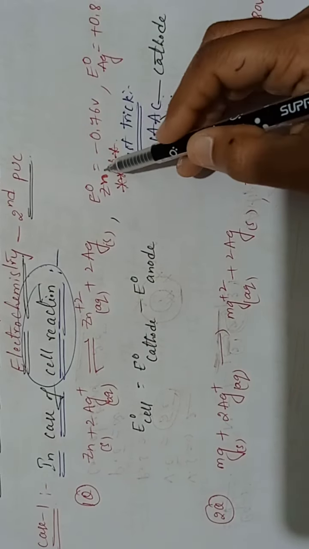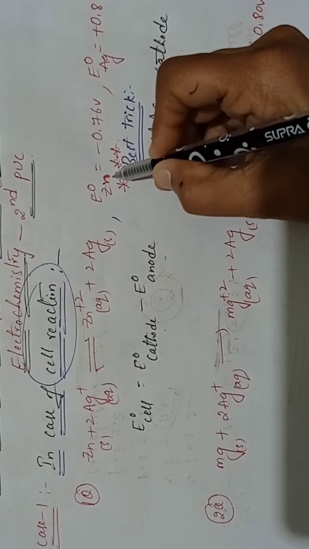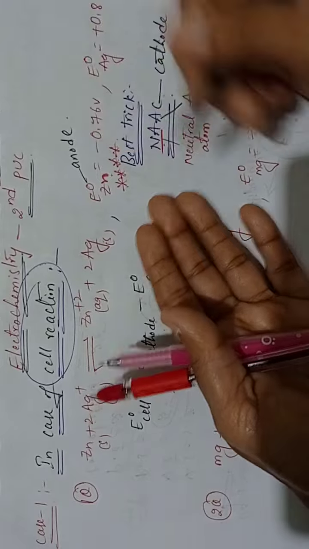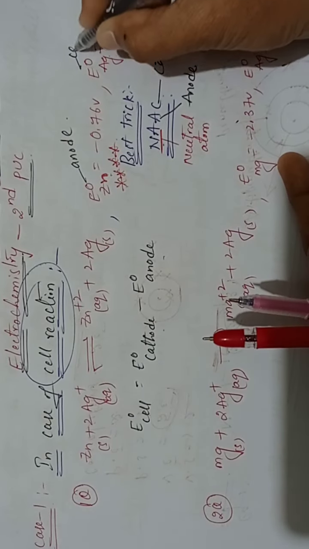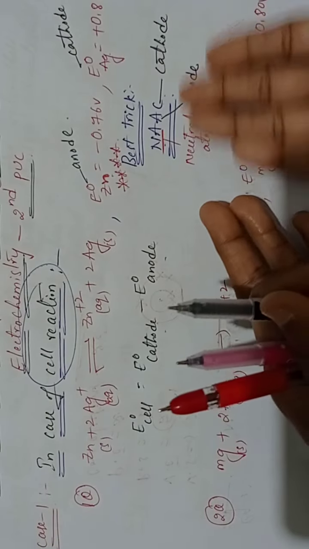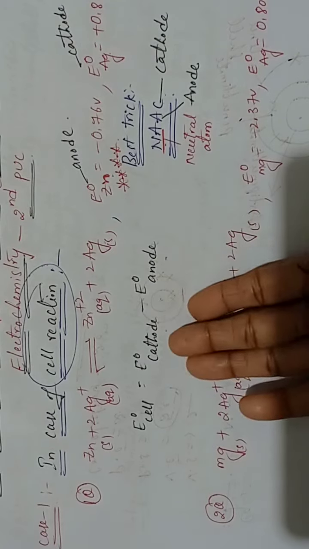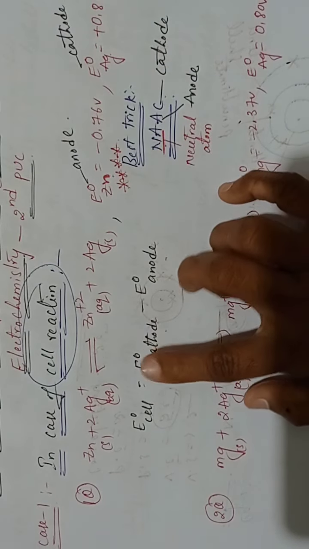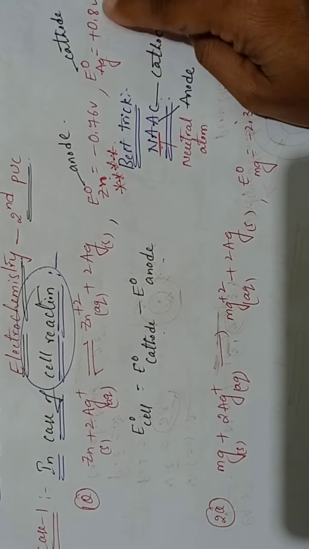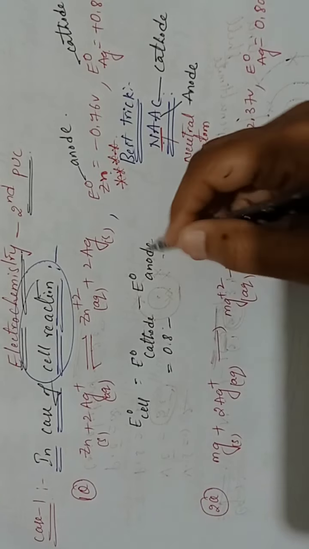So what is the formula? E° cathode minus E° anode. Zinc is the anode and silver is the cathode. By using this trick you can easily understand which is anode and which is cathode. Now tell me, what is the standard cathode potential? The cathode is silver, 0.8. So take 0.8 minus E° anode.